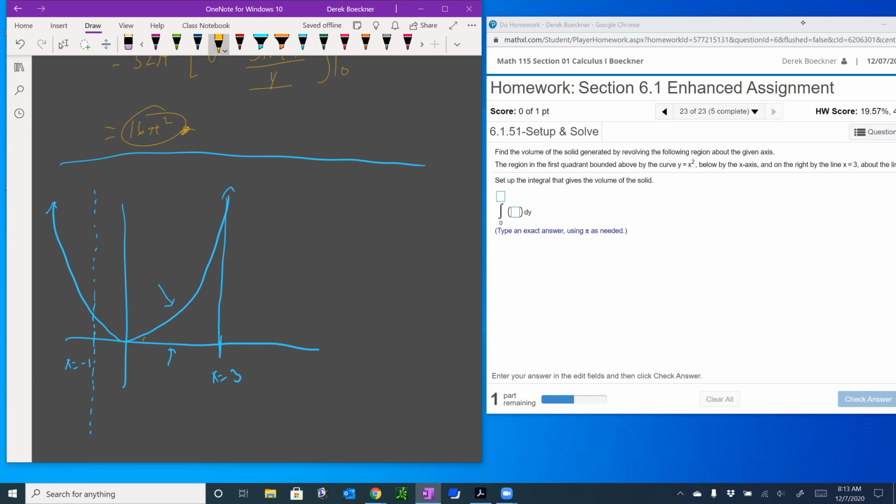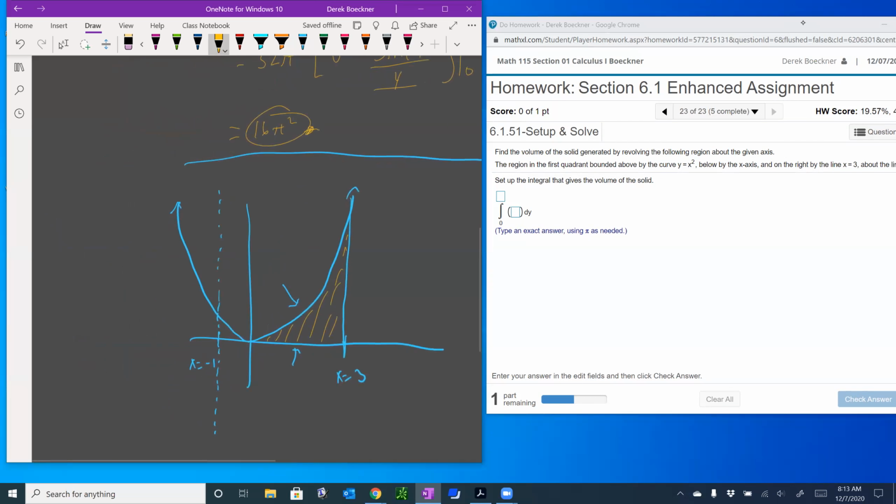So this is the thing that gets rotated around this line. So I'm going to erase this part of the parabola so it doesn't screw up our picture as much. And so there should be sort of an empty part here.